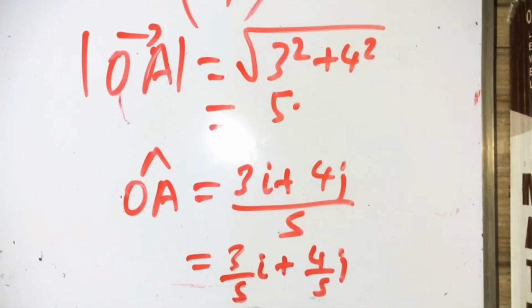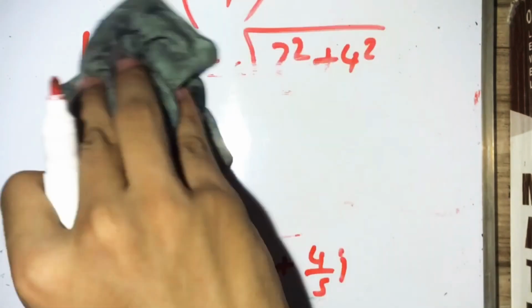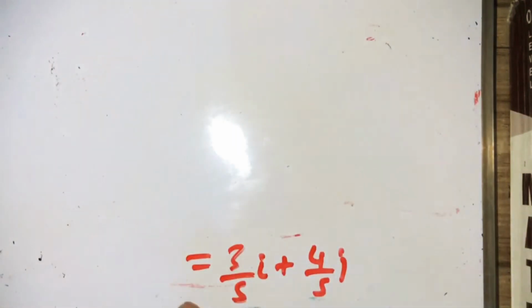So now, as we read earlier, the magnitude of a unit vector is always equal to 1. So now we find the magnitude of this unit vector to check if we have the right answer.